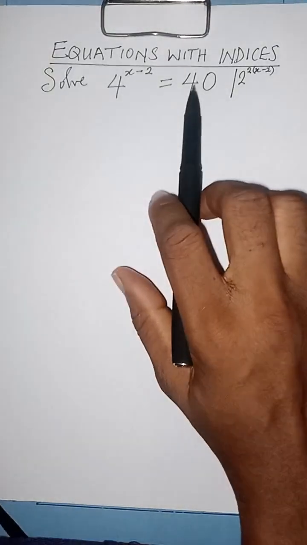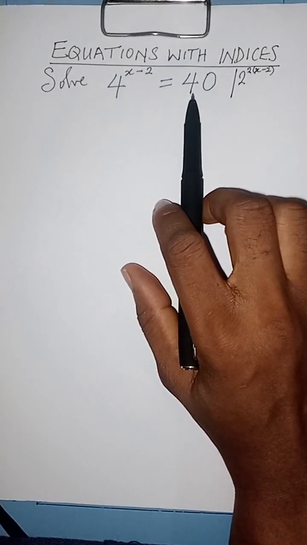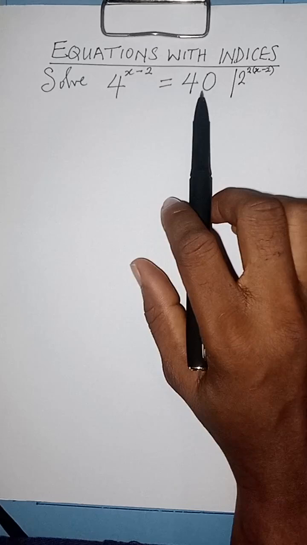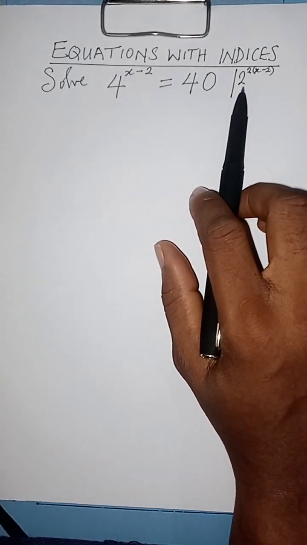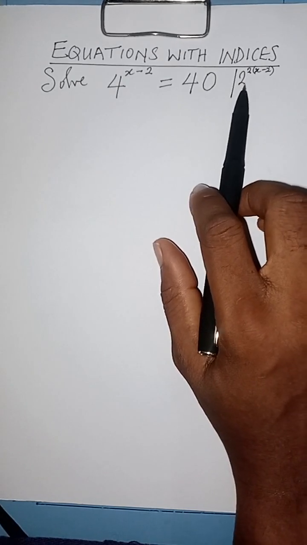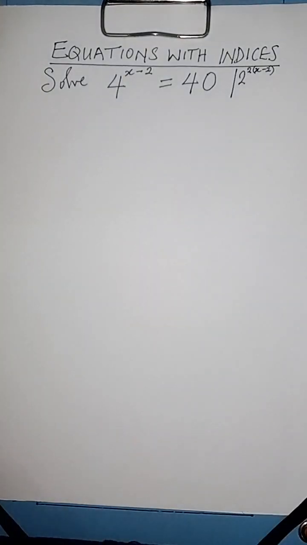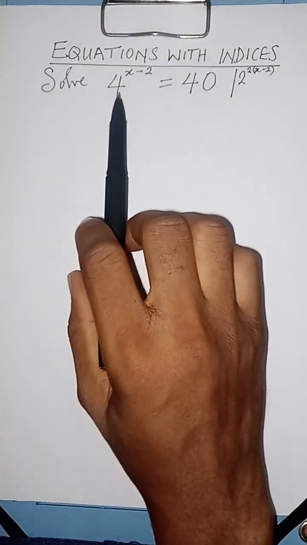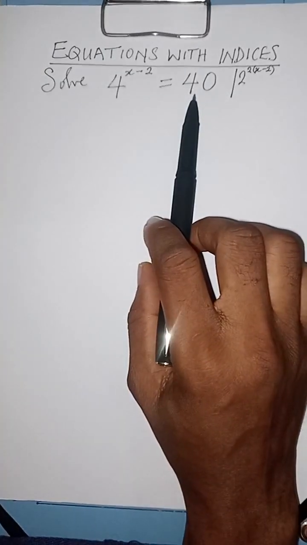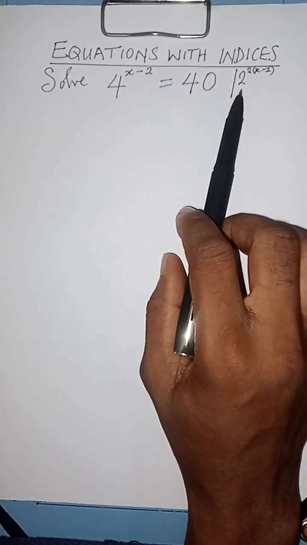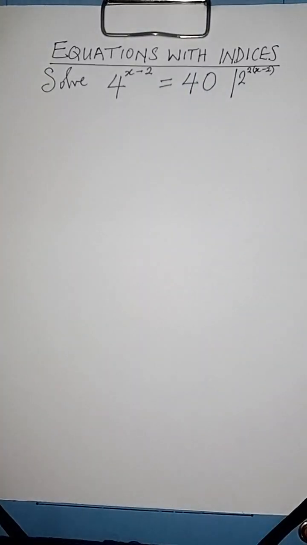But what about the 40? We cannot express 40 so that the base is 2, just as we did with the left-hand side of the equation. When you have an equation with indices of this sort that you cannot express to be in the same base, you introduce logarithm.